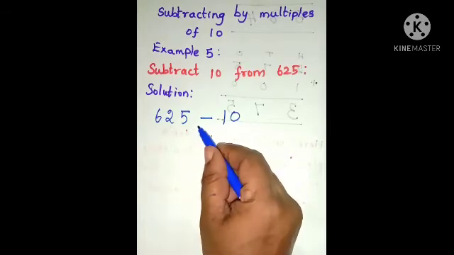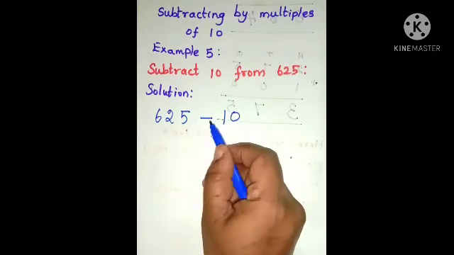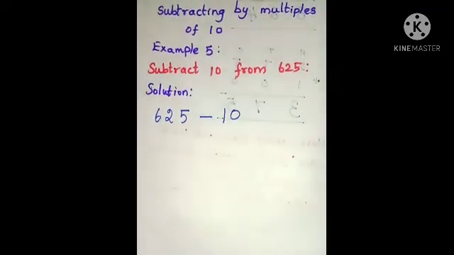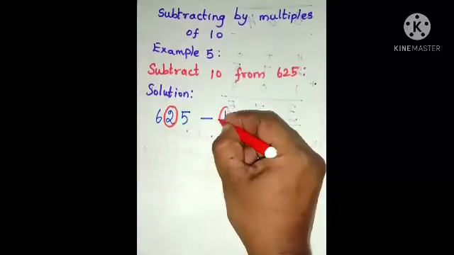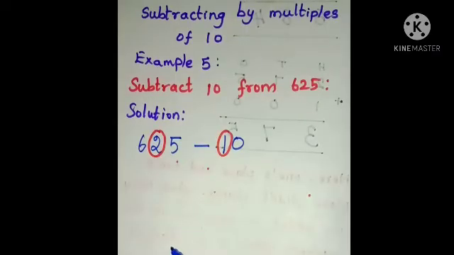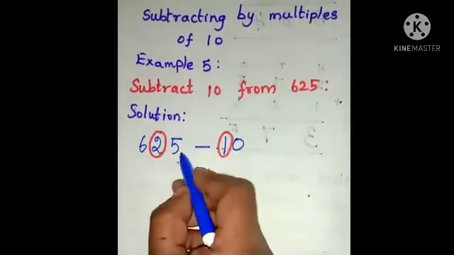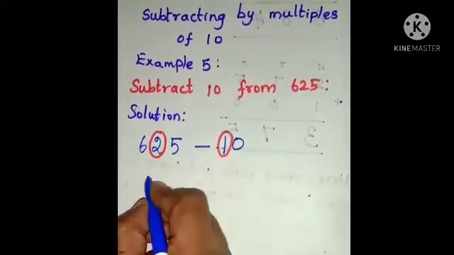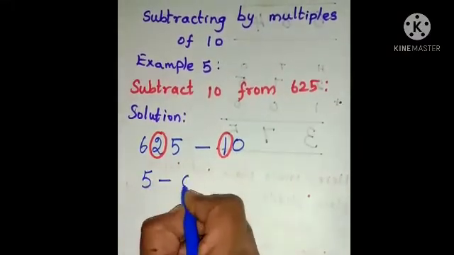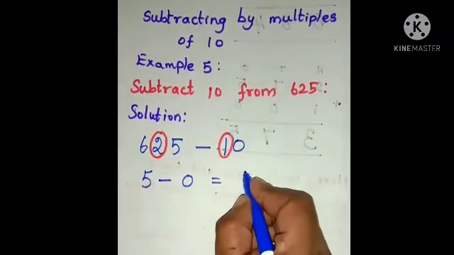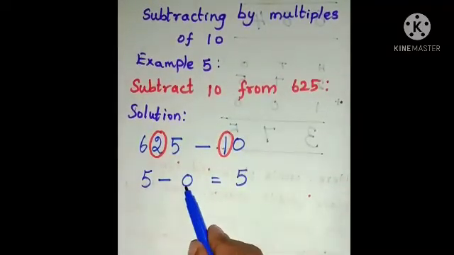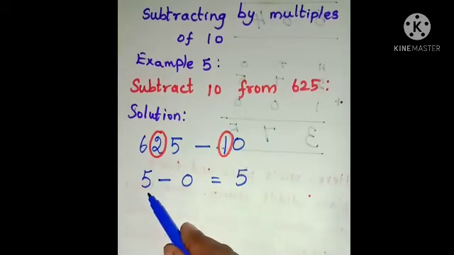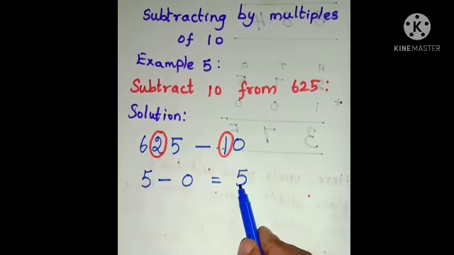Thus, there is no change in the ones place. There will be a change in tens place. So, circle the digits which are in the tens place. Subtract digit by digit. 5 minus 0 is 5. When we subtract 0 from 5, we get the number itself, the same number 5.